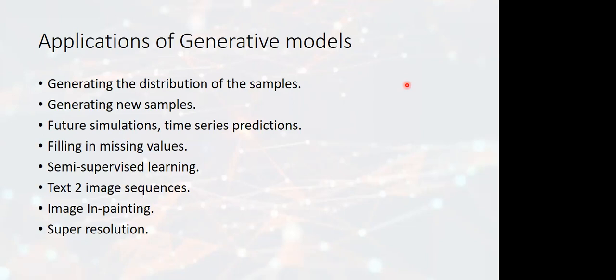Analogously, if you keep training them using images, they'll start learning the two-dimensional or three-dimensional distribution if it's an RGB image. Once you learn the distribution, you can have new samples from the distribution which were not a part of your training data.